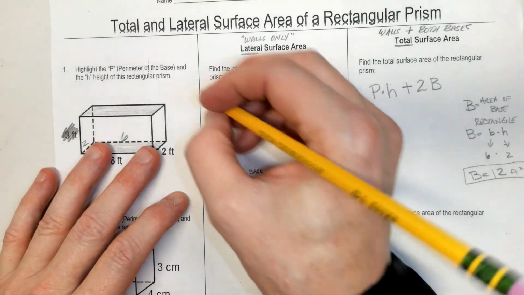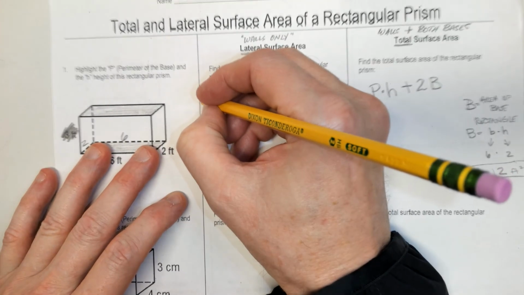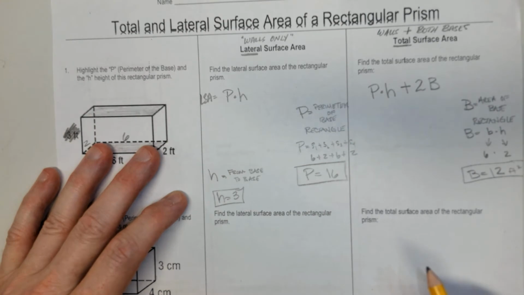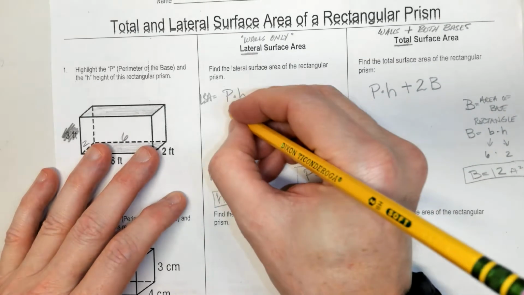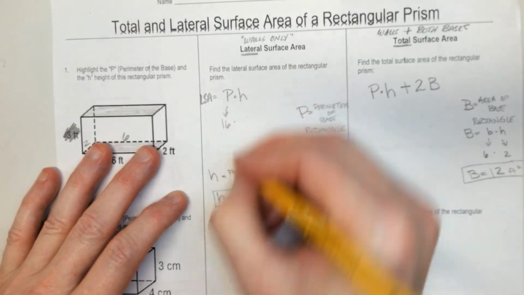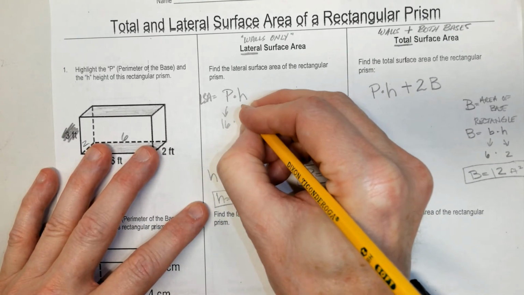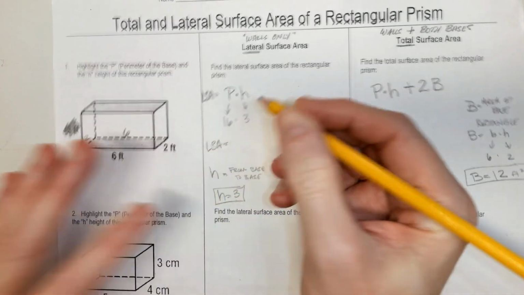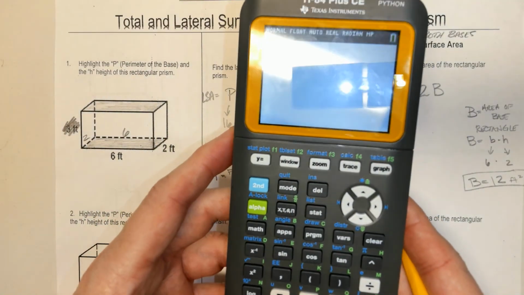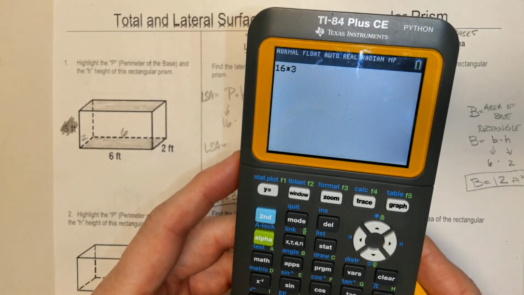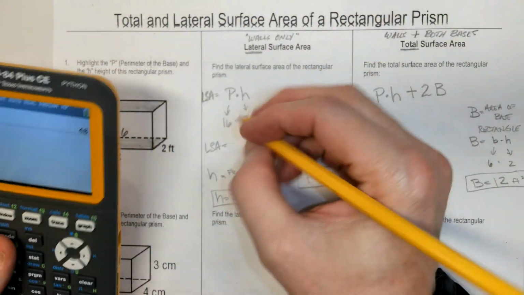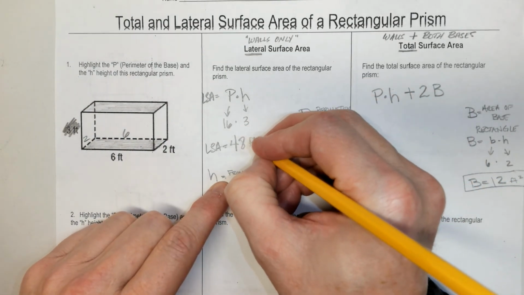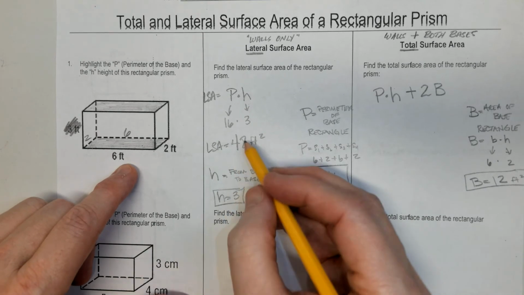For lateral, in fact, let's write it this way. LSA is going to equal capital P times H. Capital P, 16, times my height line of 3. The lateral surface area is simply going to be 16 times 3. It is as simple as that. And that means it's 48 feet squared because we're talking about area.